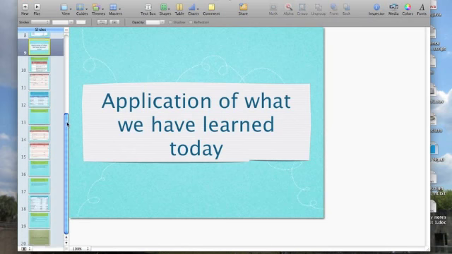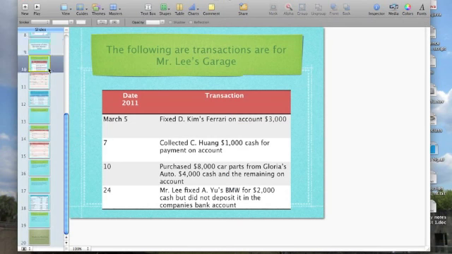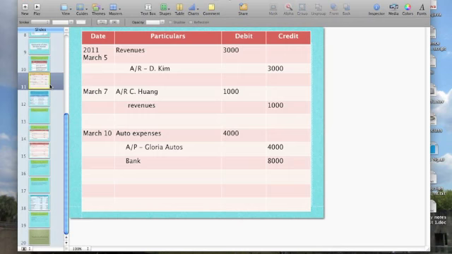So after that short lesson, we have an application of what we have learned today. These are the transactions, and now we want to make a journal. As you can see, I have already started.